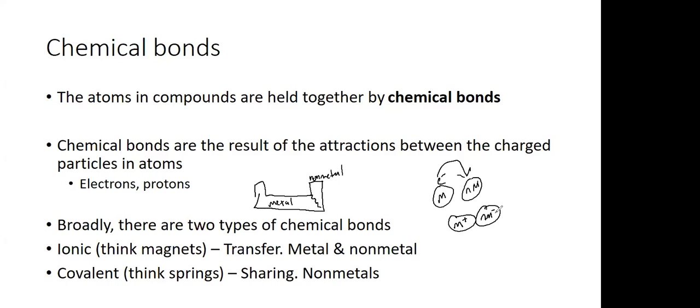The other type of chemical bond is the covalent bond. And this happens between nonmetals. And this is more like a sharing of electrons, where you have two nonmetals. And if they each have an electron, what they do is that they will each put an electron between each other. And now they share these electrons.